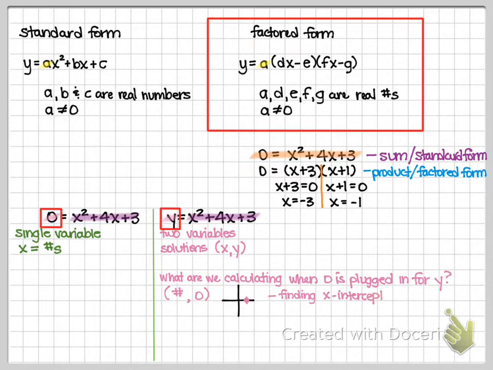So if I'm finding x-intercepts from factored form, if I plug 0 in for y, I think I can use the x-intercepts to go backwards and try to get to standard form. Yeah, I think we can definitely do that. So it really is kind of like going from a product to a sum.